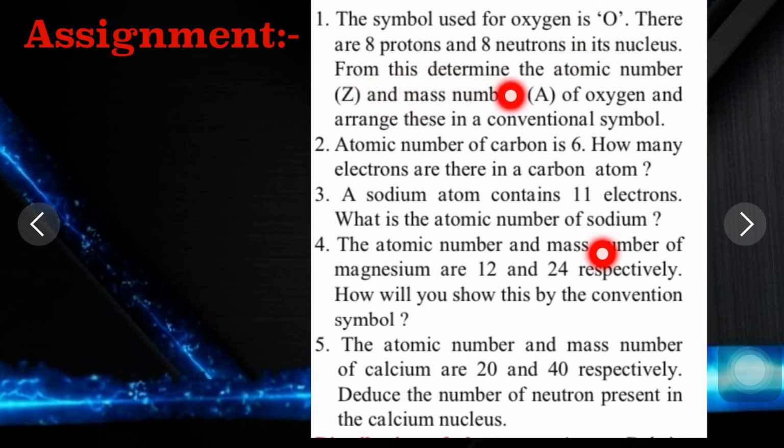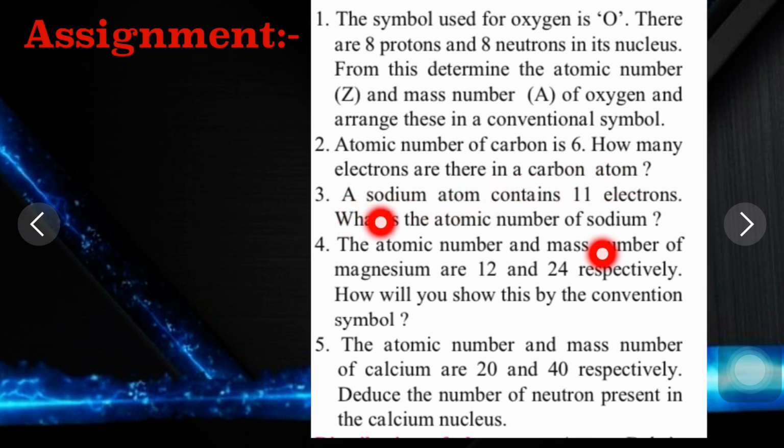From this, determine the atomic number and mass number of oxygen and arrange this in the conventional symbol. Student, we already learned about this. Second question: the atomic number of carbon is 6. How many electrons are there in a carbon atom?